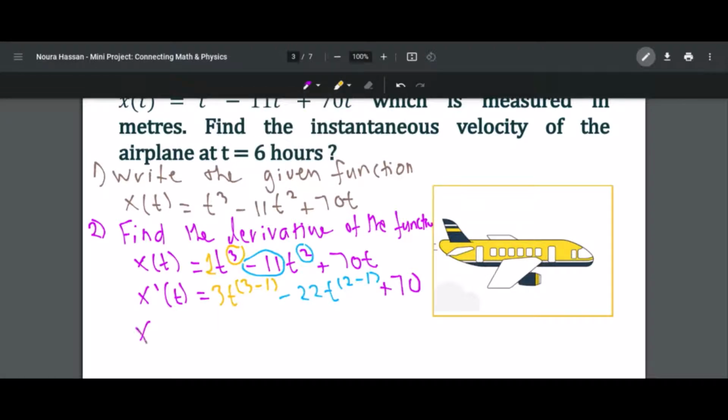So basically x prime of t will equal 3t squared minus 22t plus 70.